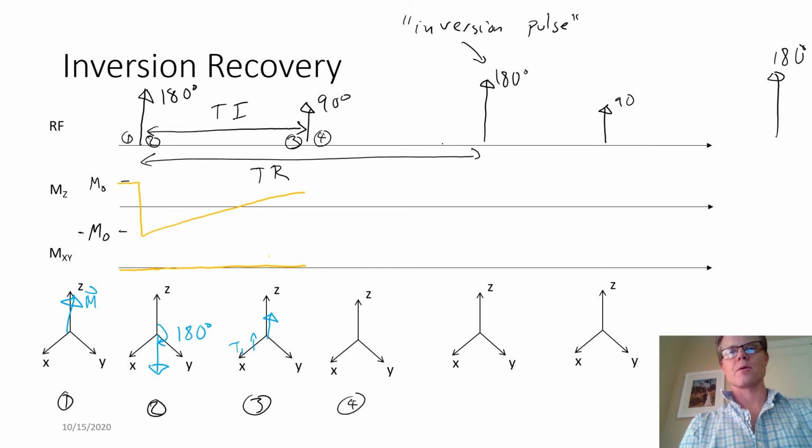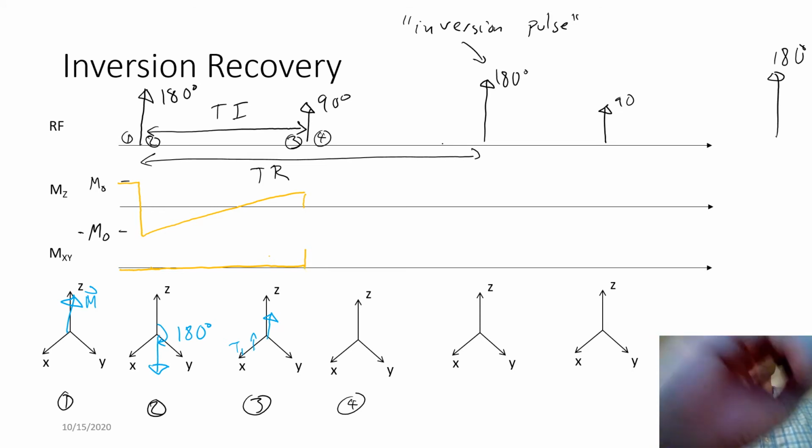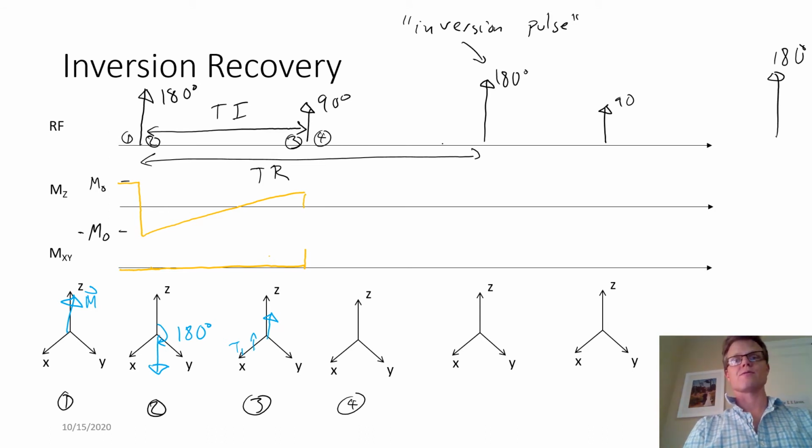Then we're going to apply a 90-degree pulse. Now it's going to behave like a 90-degree pulse in the saturation experiments, where the Z component is saturated. This is converted entirely into transverse magnetization.